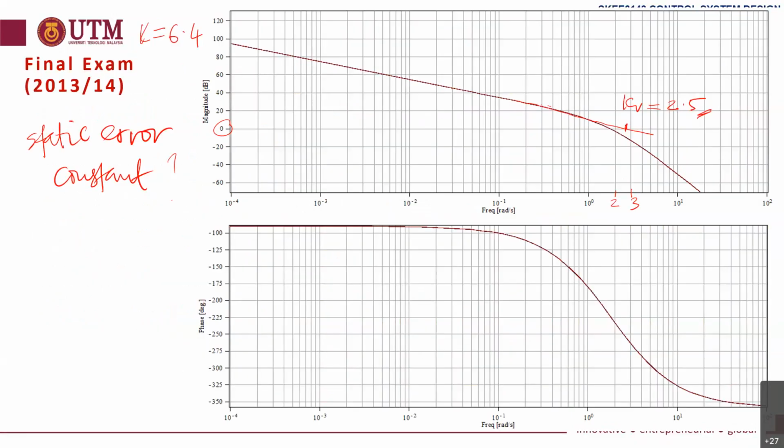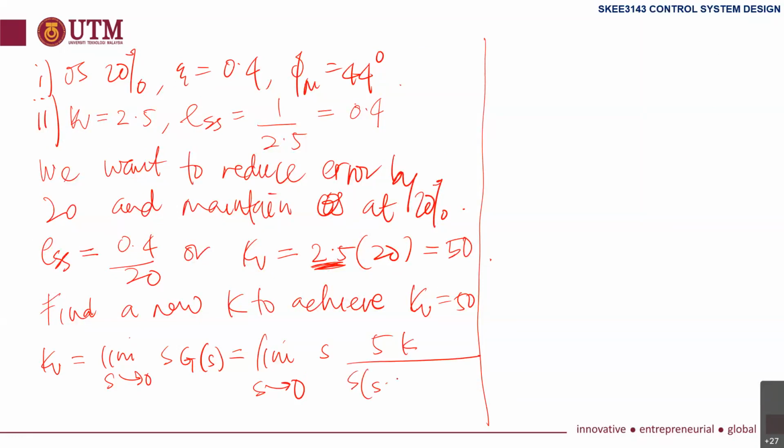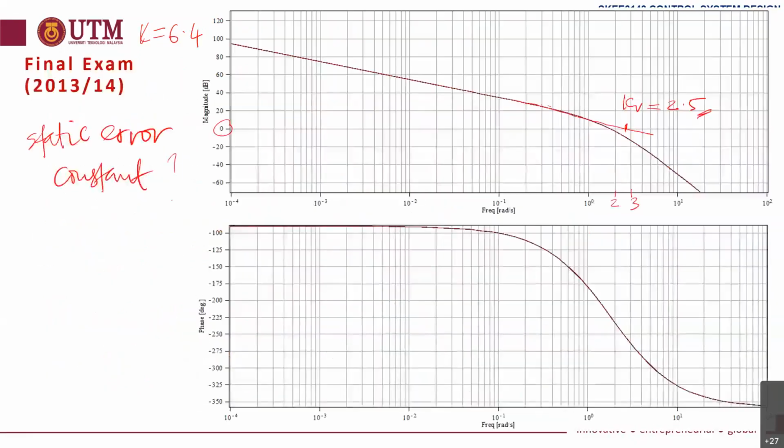So G(s): Kv is the limit as s goes to 0 of sG(s), which is 5K over (s plus 1)(s plus 2)(s plus 3).